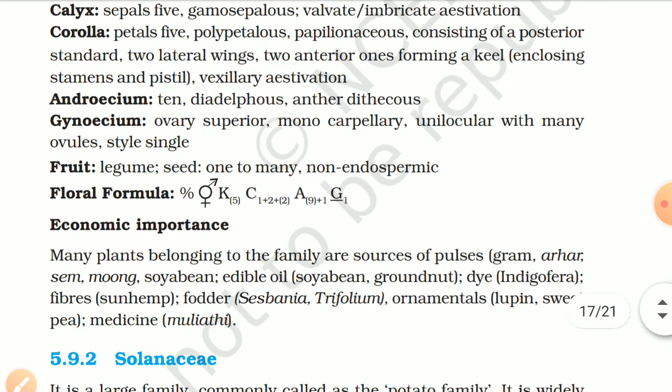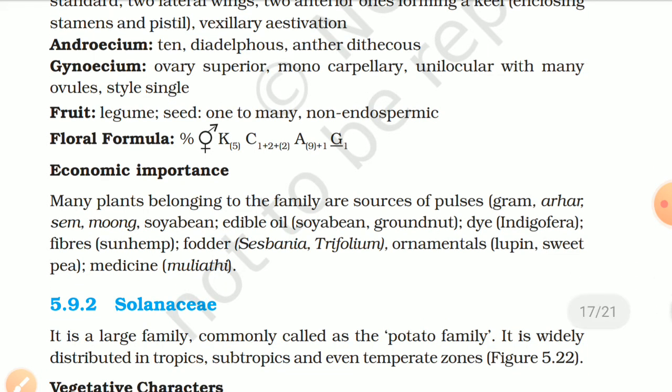Vexillary aestivation. Androecium 10, diadelphous, anther dithecous. Gynoecium ovary superior, monocarpellary, unilocular with many ovules, style single. Fruit legume, seed one to many, non-endospermic.